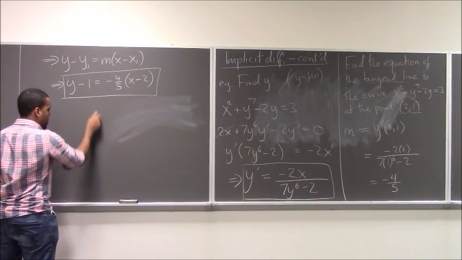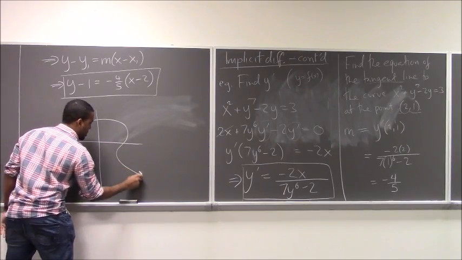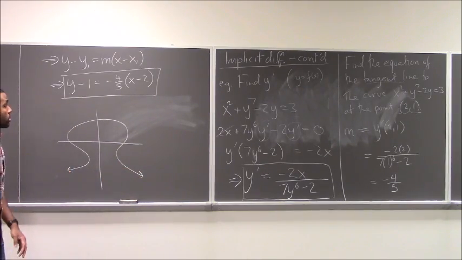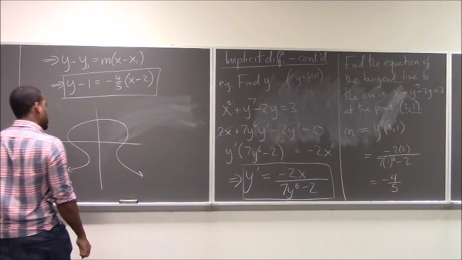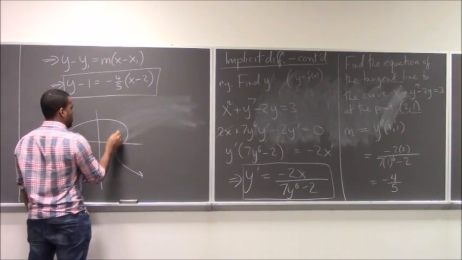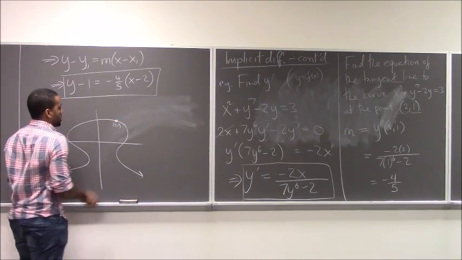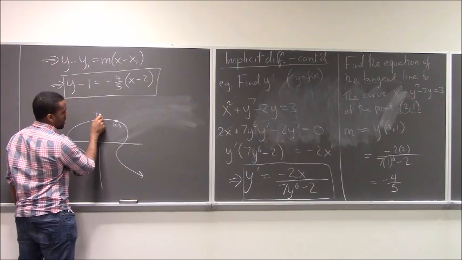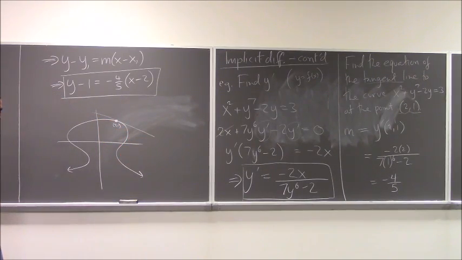So last time we looked at this guy, I told you that the graph looked something like this. And if we plugged in something like (2, 1), let's say it's over here. That's (2, 1). What we just did was we found the equation of the tangent line at that point.